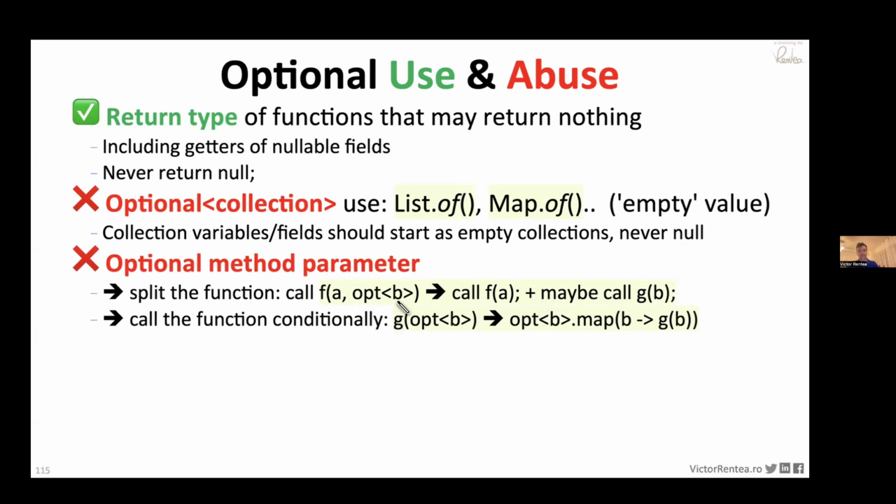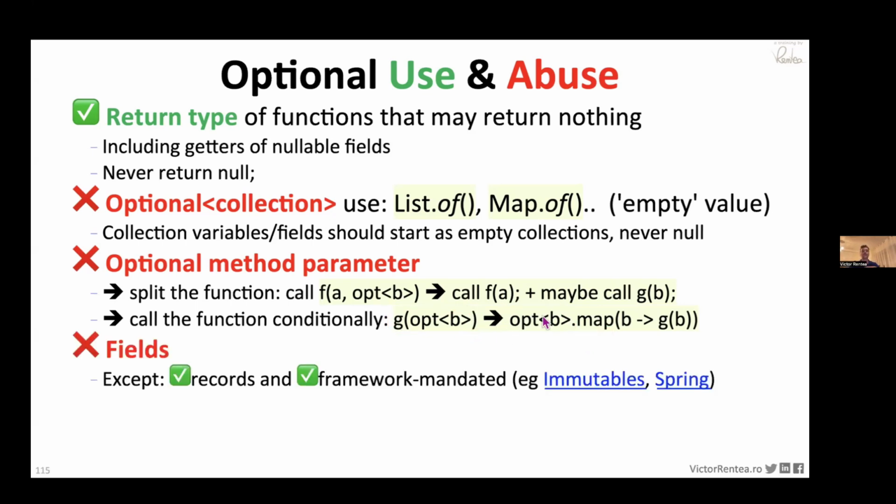If you have a function taking an optional, maybe don't call it at all. Start from the optional and map over the function. An optional parameter should lead to the question: should it really be there, or should I break the function into two? That being said, I've seen optional parameters, it's not the end of the world.